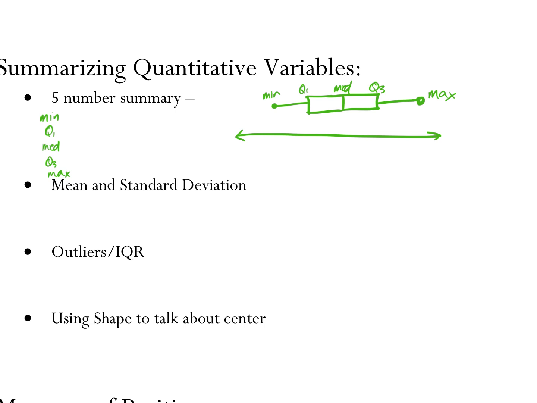All right, now. This is also always done on an axis with scale, right? Okay. And so it's worth noting that in between your minimum and your Q1, you have 25% of your observations. In between Q1 and your median, you have 25%, 25%, 25%.